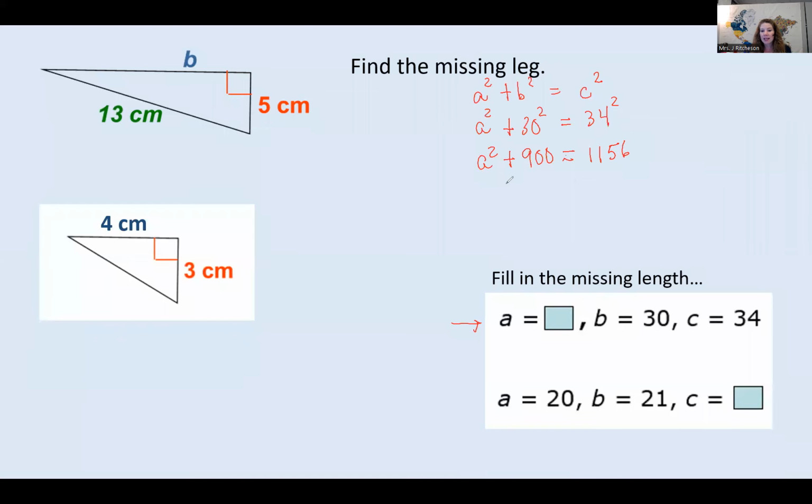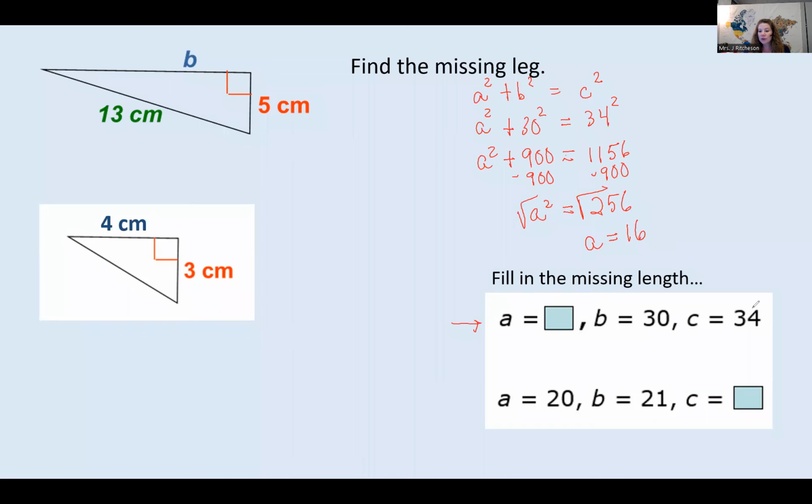All right, we want A by itself, so we're going to subtract 900 from both sides. So A squared is equal to 256. And then finally, we're going to find the square root. The square root of 256 is 16. Did you guys get 16?